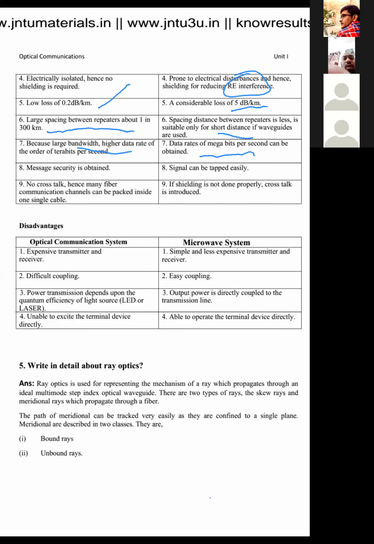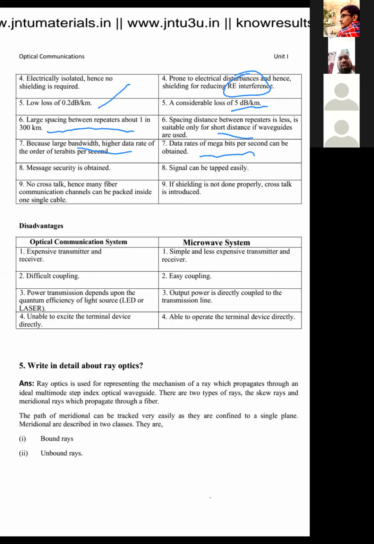Security is more in optical fiber systems, whereas in conventional microwave systems, signals can be tapped. There is no shielding at all in optical systems, whereas shielding is required in microwave systems.